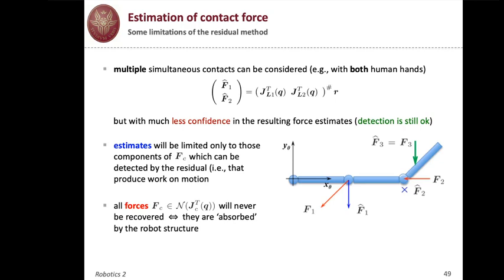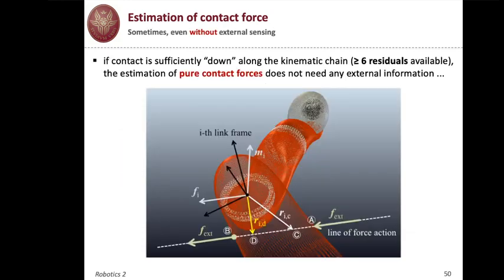So the estimation will just give a zero value from the residual, which is in fact also zero. While in the green arrow case, with this force applied to the third link, you will get the full information. In fact, you're also using more residuals in this case because you have a non-zero value of the residual for joints 1, 2, and 3.